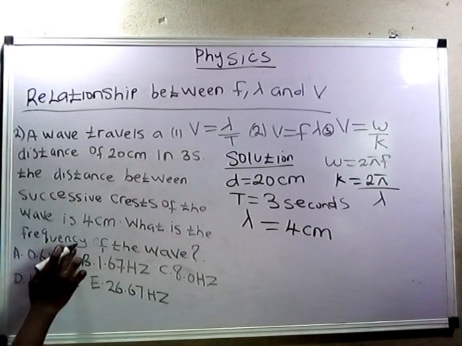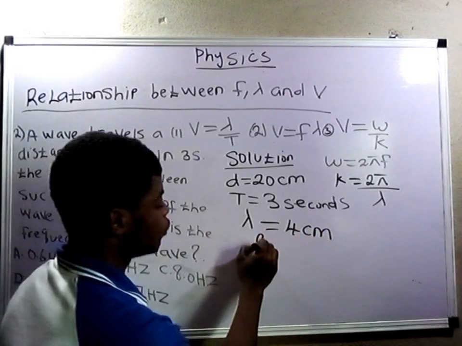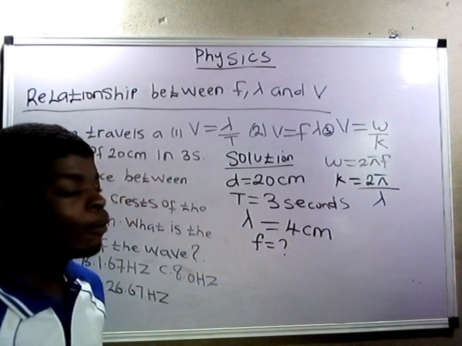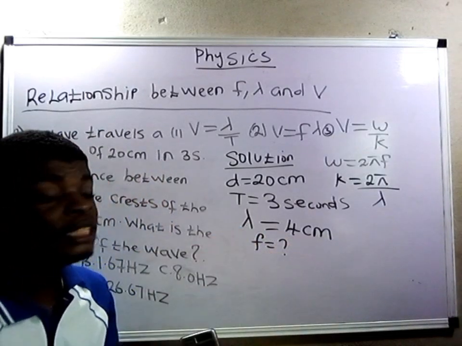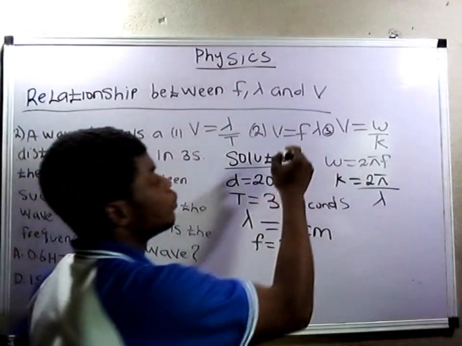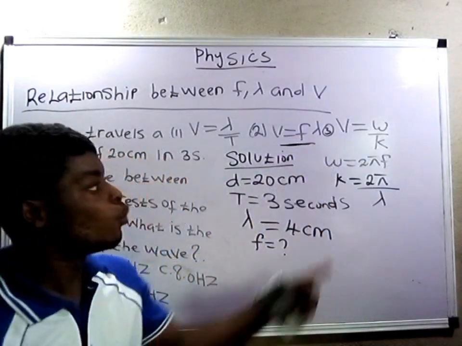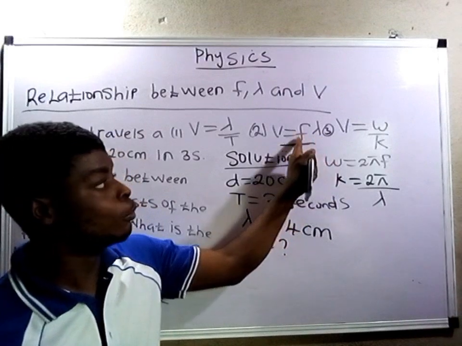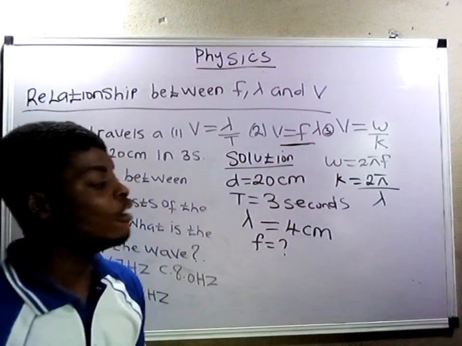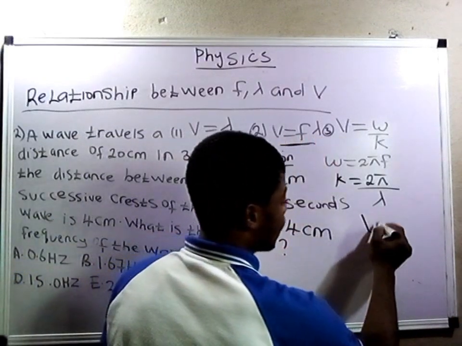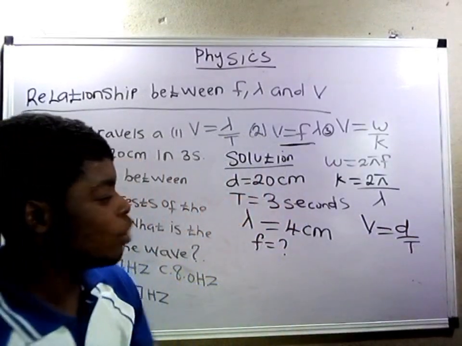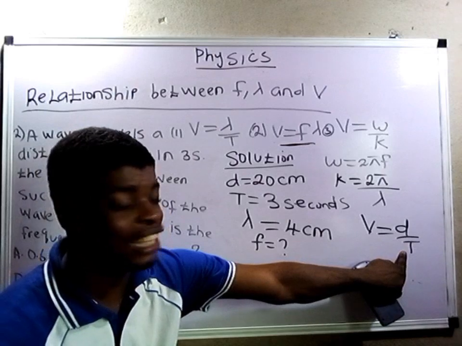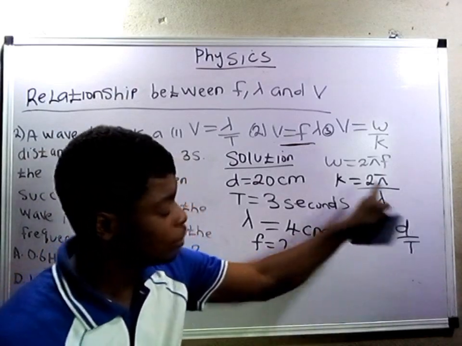What is the frequency of the wave? That means the frequency we don't know. But the formula connecting frequency, velocity, or we call it speed, and lambda is this formula. We have lambda, and we want frequency, but we don't have velocity. And remember, I said that velocity is equal to distance over time. We have the period, which acts as time. We have distance, which is displacement, as 20.